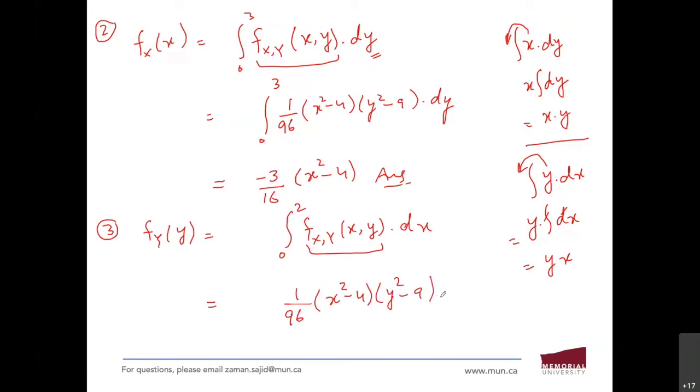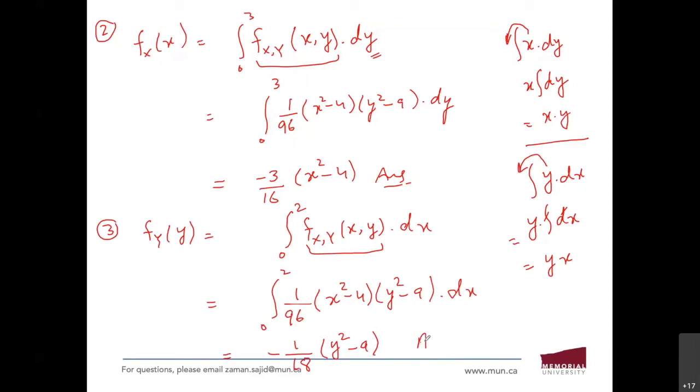We integrate for x from 0 to 2. Once you solve it, you will get minus 1 over 18 of (y square minus 9). That's your answer here.